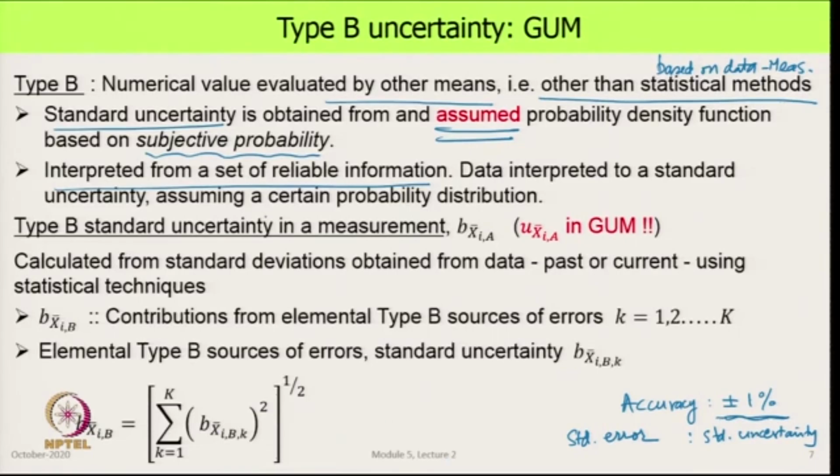And assuming a certain probability distribution function, we interpret that data in that light and calculate the standard uncertainty. We will see more examples of this in the next lecture, and that will give a flavor of how an issue like this is resolved.